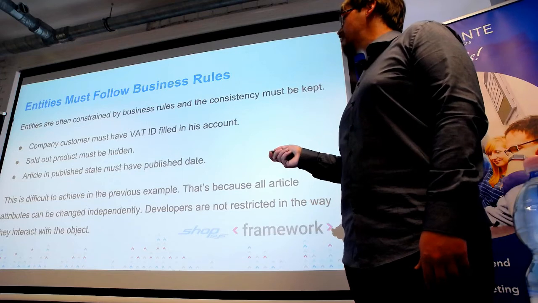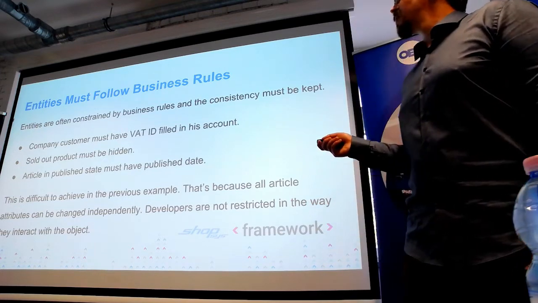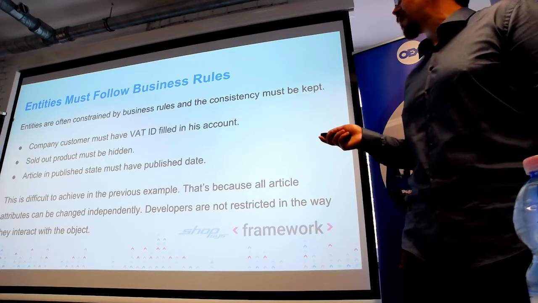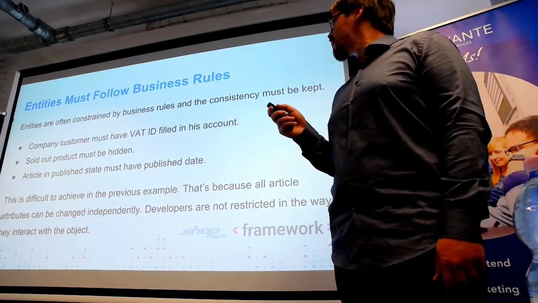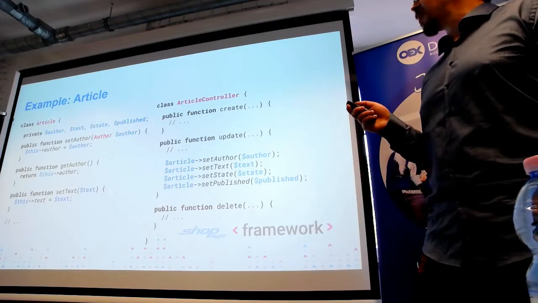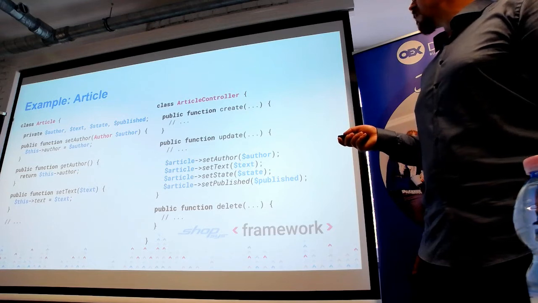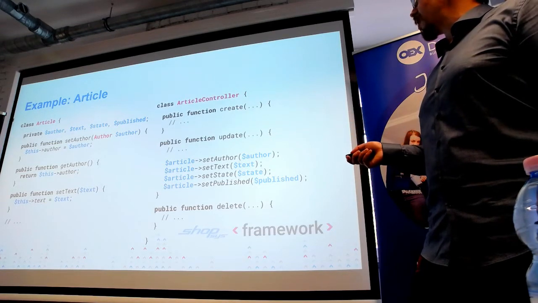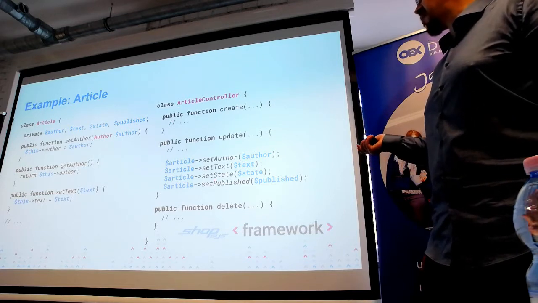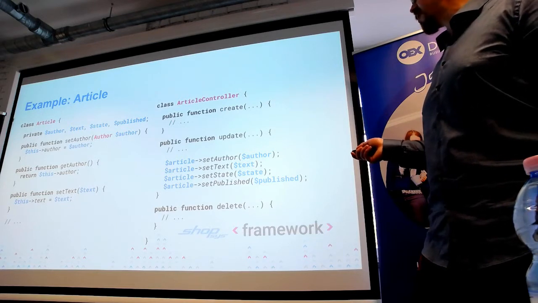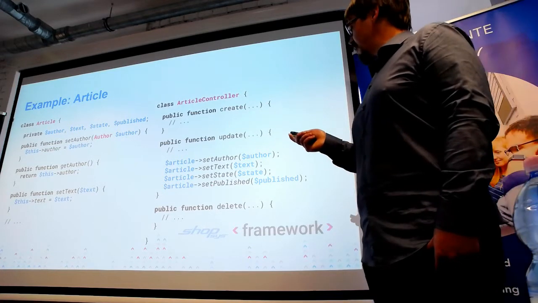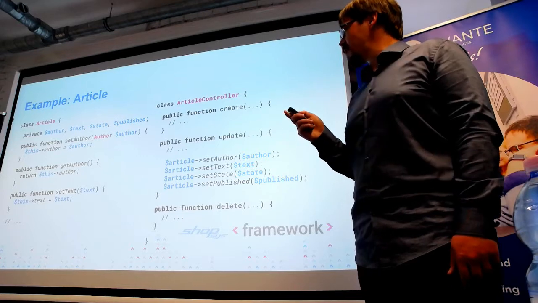Or when a customer that is from a company, he needs to have VAT ID filled in his account. And these rules are a bit difficult to achieve in this previous example, because in some other part of the application, we can use the setter state and set the state published, but not use the setter published. And then we have an inconsistent article.